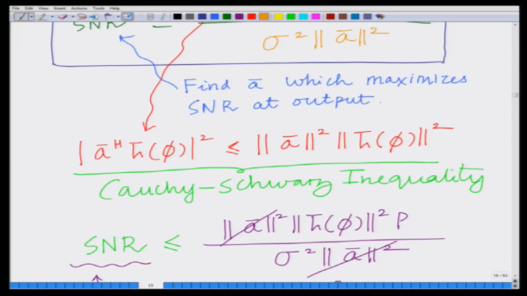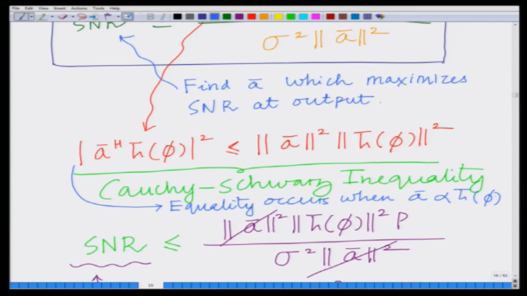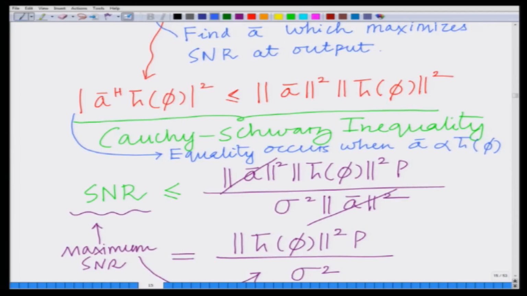So, equality occurs when A bar is proportional to h bar of phi, and one way to achieve this Cauchy-Schwarz equality therefore is to set A bar simply equal to h bar phi.